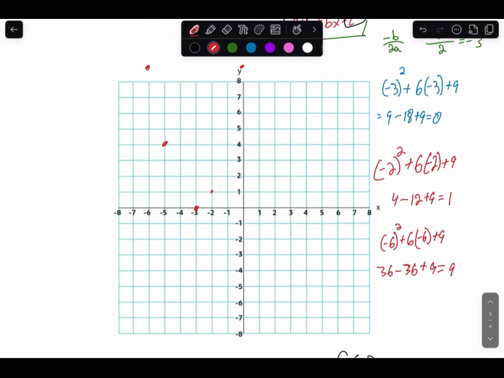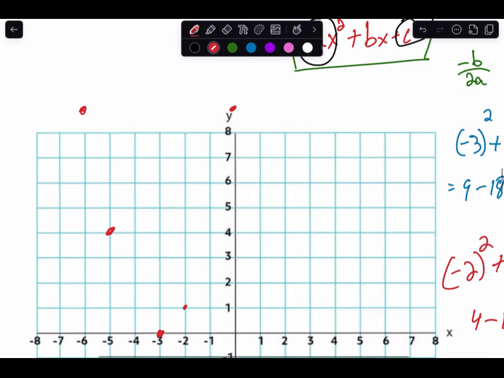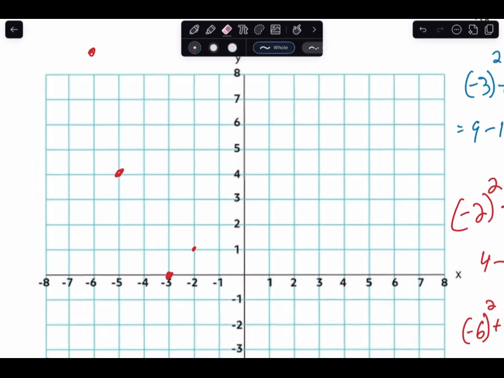Because the points at the same y coordinate of a quadratic function are going to be equidistant from the vertex. So what that means is, like I could take f of negative 5.